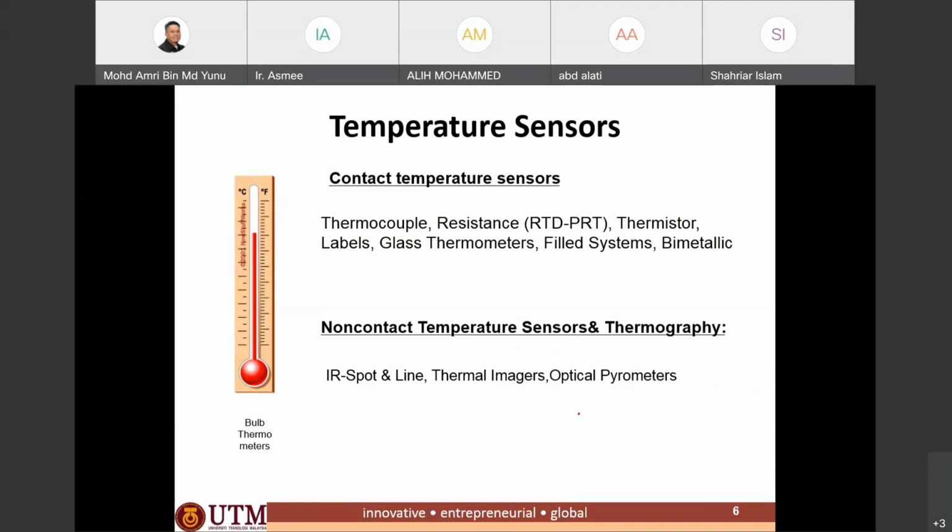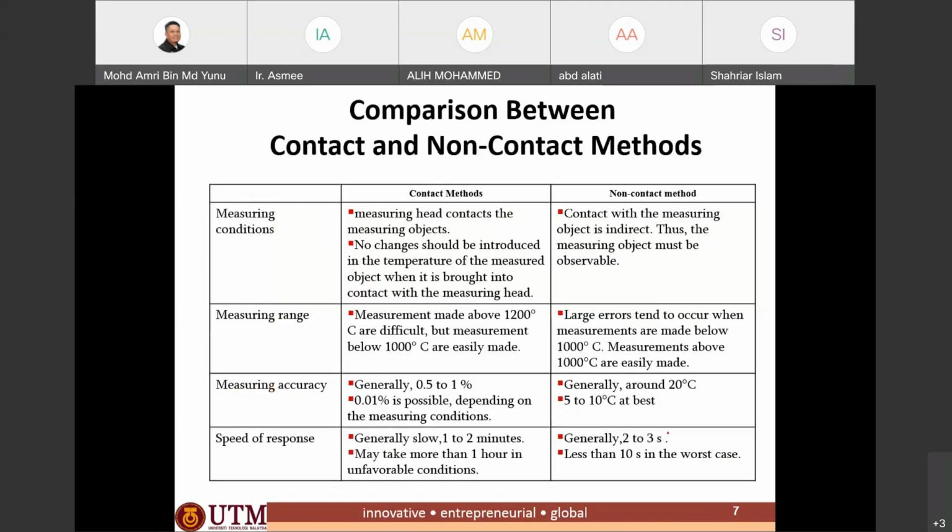So we look into some of the applications here. These are the comparison between the contact and non-contact methods.